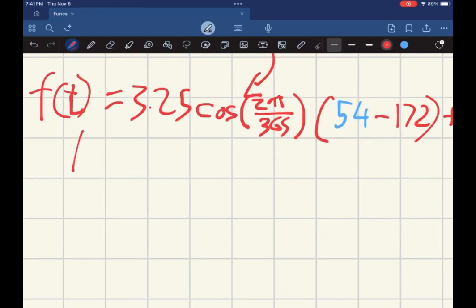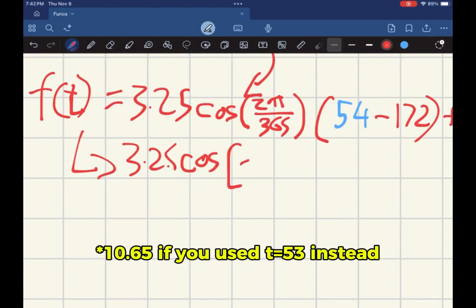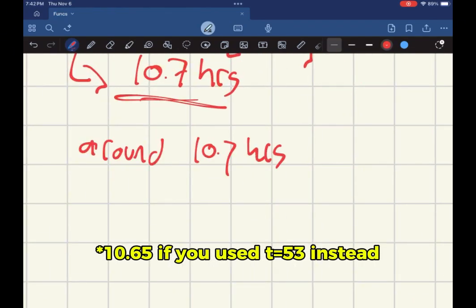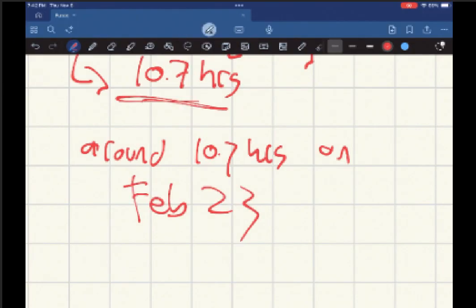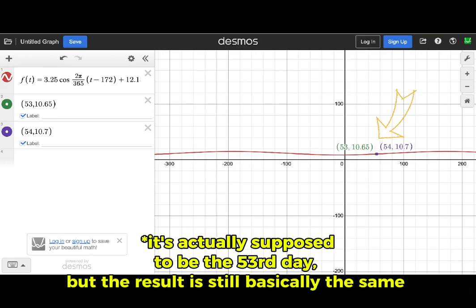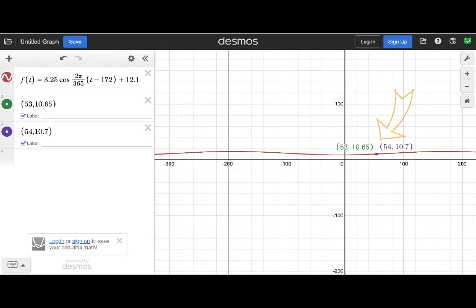After calculating all of this, we get approximately 10.7 hours. So our model predicts about 10.7 hours of daylight on February 23rd. Now plugging this equation in Desmos, as you can see on the 54th day, which is February 23rd, the point is at around 10.7 hours.